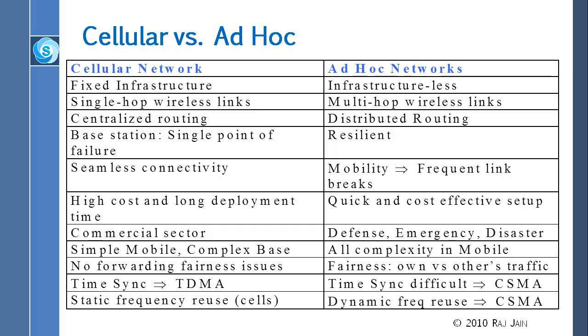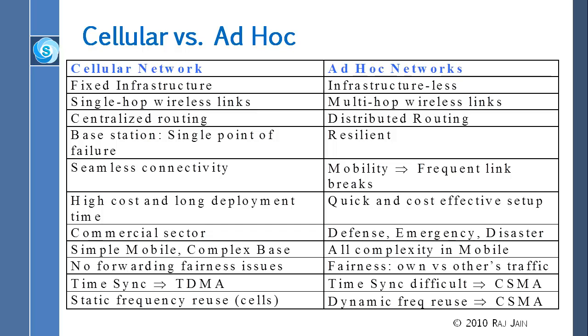So there is a whole issue of fairness which doesn't exist in cellular networks. In cellular networks, the fairness is rather simple: you want to make sure everybody who has similar traffic gets the same kind of throughput, which is much easier than worrying about whether to transmit or forward.